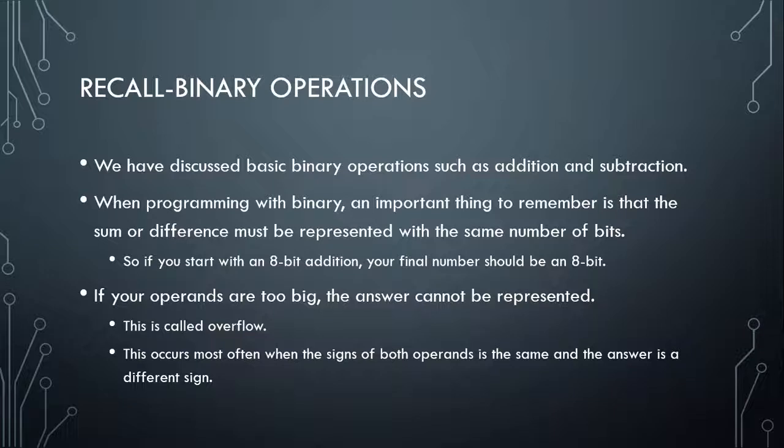This often occurs when the signs of both operands are the same and the answer is a different sign. You'll see it a lot, especially in signed integer notation. It happens pretty frequently. Even in unsigned, it can happen. What will happen is it goes beyond the bits that are allowed.